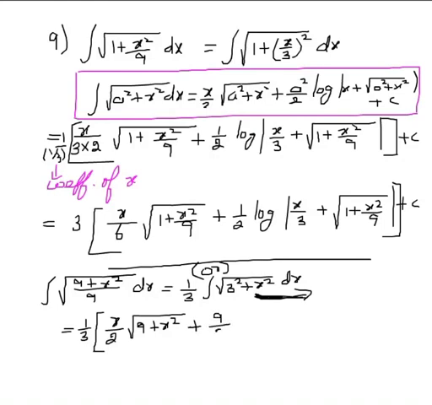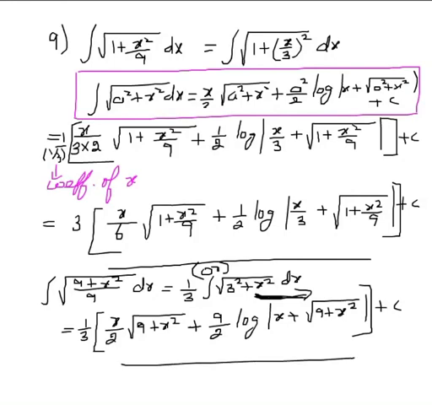A square is 9 by 2 log of absolute value of x, x is x here, plus the expression is root of 9 plus x square and plus c. This is the answer. So it is better to take that 9 out so that we don't forget to divide by the coefficient.